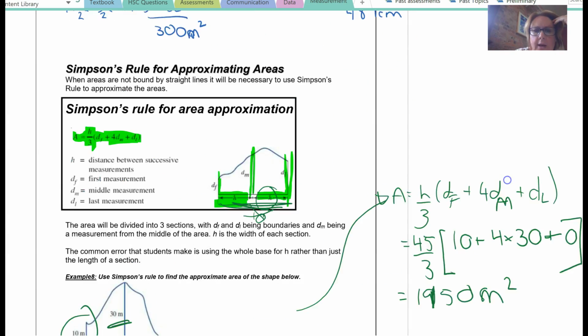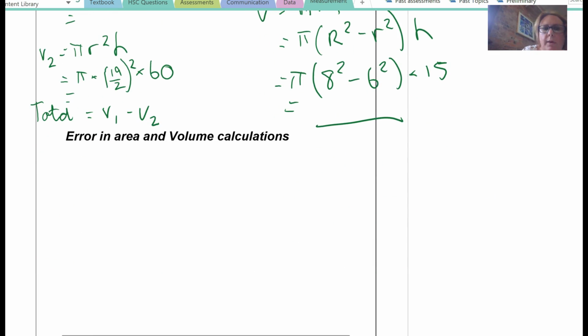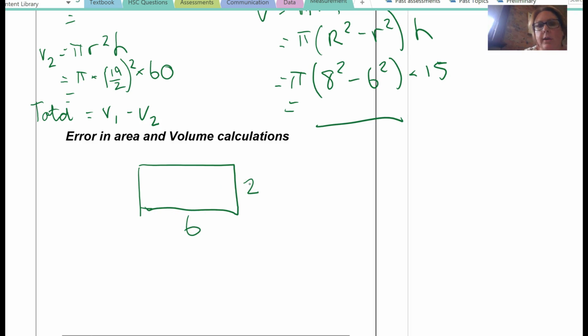I need to look at area, and I need to look at absolute error with area. So if I look at, say, a square, let's make it a rectangle, and I've got 6 centimetres by 2 centimetres, and I've measured to the nearest centimetre.